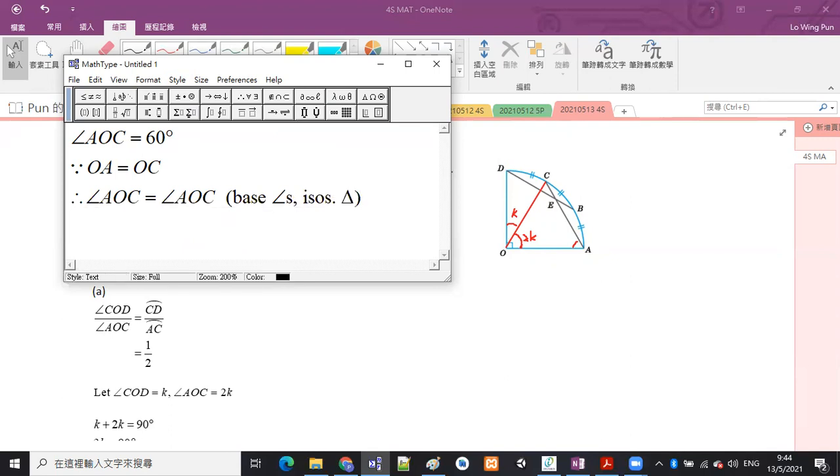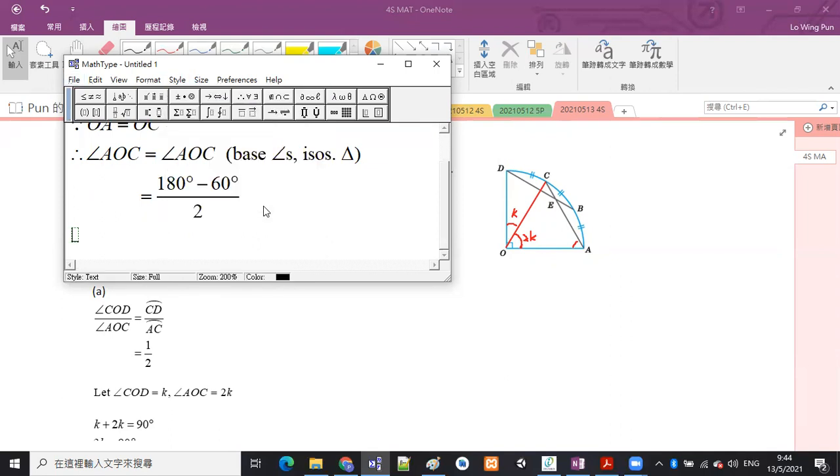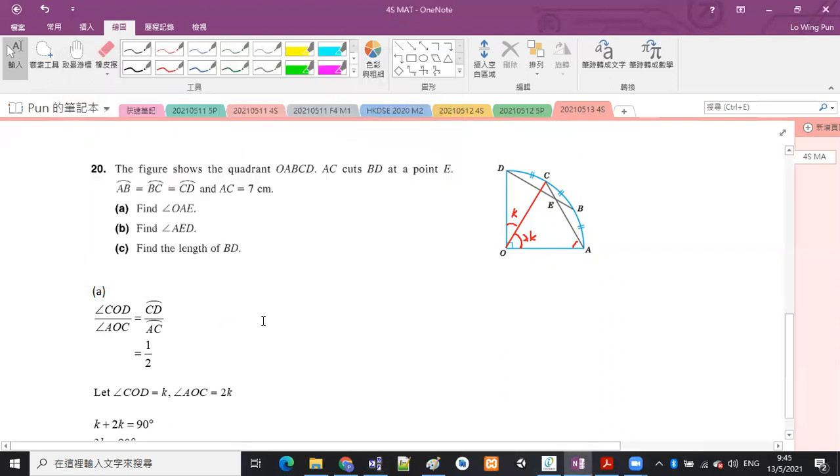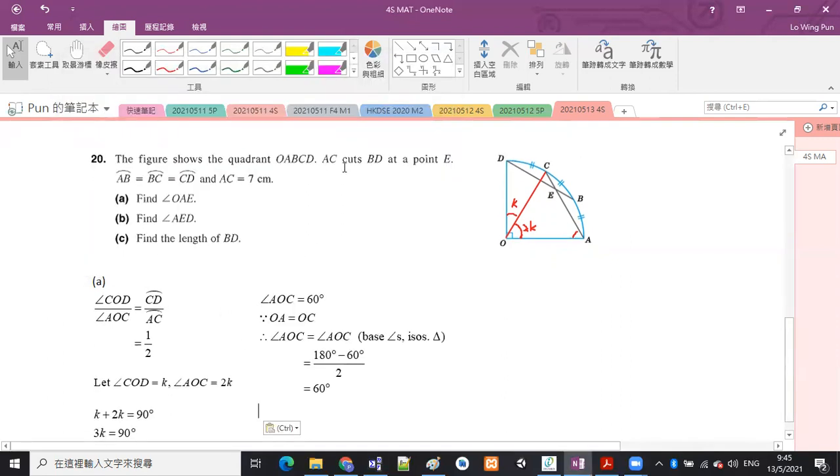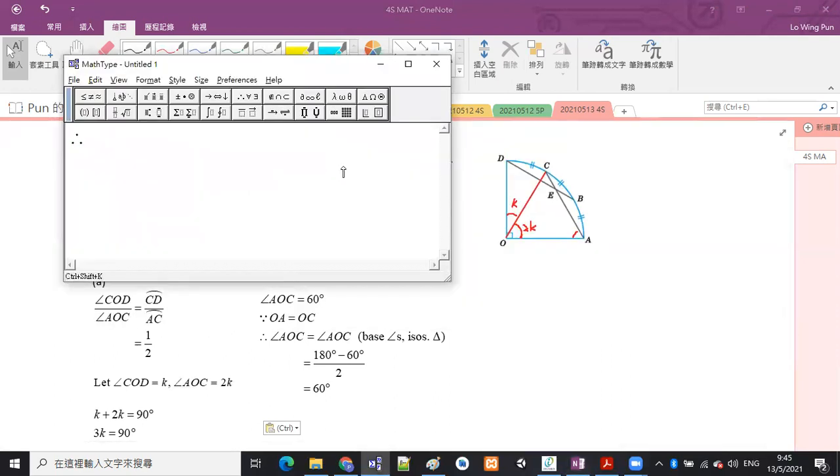Okay, and they are both equal to 180 degrees minus the third angle divided by 2. So the answer should be equal to 60 degrees. Okay. Well, actually, the question asks us to find angle OAE. Just write down one more line. Therefore, angle OAE is equal to 60 degrees.